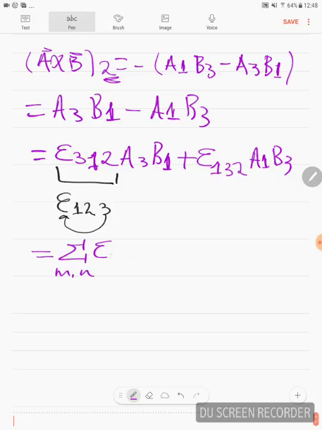M and N. So this is here M, this is N, this is 2, this is A M, this is B N. And this is nothing but A cross B component 2, because we're summing over the rest of the indices.